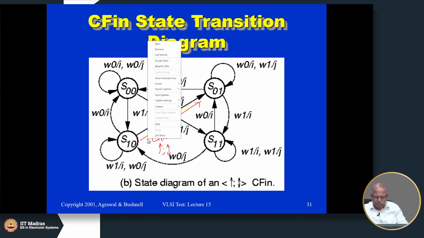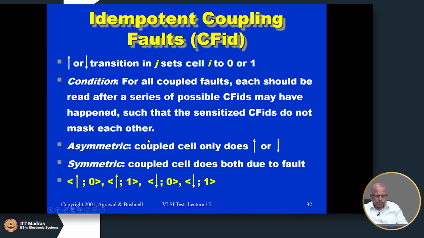Okay. We can also have idempotent faults. Here it is not that the cell is going to invert. When j is changing from 0 to 1, I goes into this state. If it was 0 already, it will stay there, but if it was 1, it will change to 0.